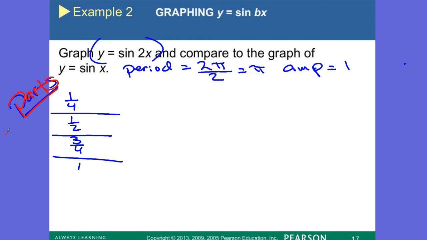All right, so now that you have your parts, these are standard. They're always going to break up your wave into these 4 parts. Now, we're going to multiply this by the period, so it's going to be times the period on all of them.